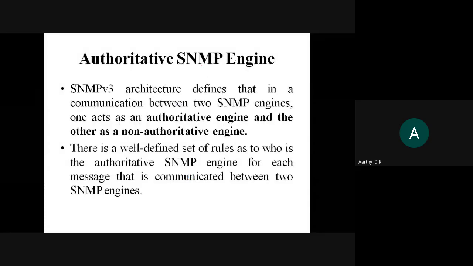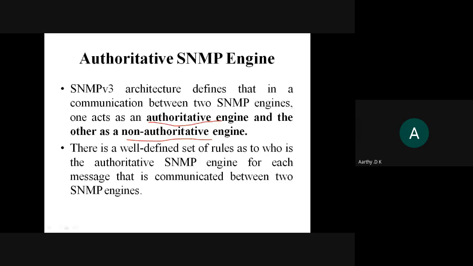I told you that your SNMP engine is of two types. One is authoritative and one is non-authoritative. If your SNMP manager is sending messages like get request and so on, and the message is coming from the manager, then your authoritative engine will be your manager and the non-authoritative engine will be your agent.